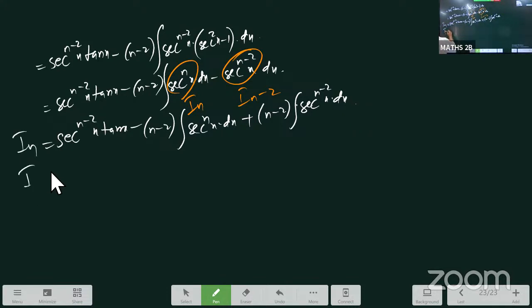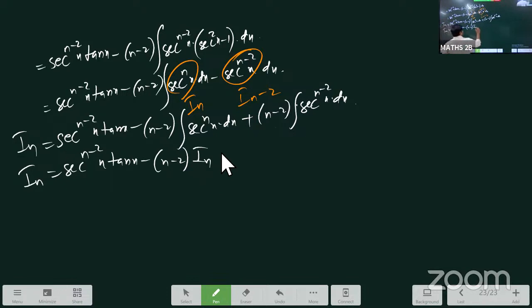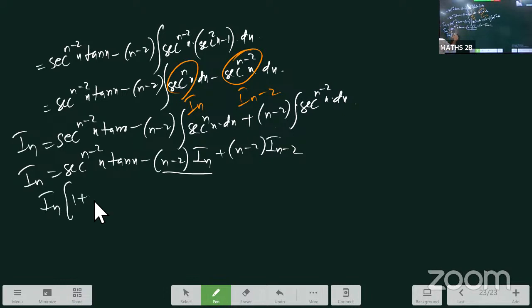So I_n is equal to secant to the power n minus 2 x tan x minus n minus 2 times I_n, plus n minus 2 times I_{n-2}. Okay, now bring this I_n part to this side. So I_n common: 1 plus n minus 2.